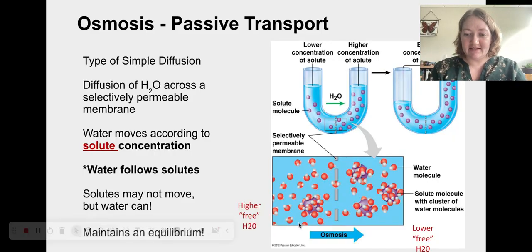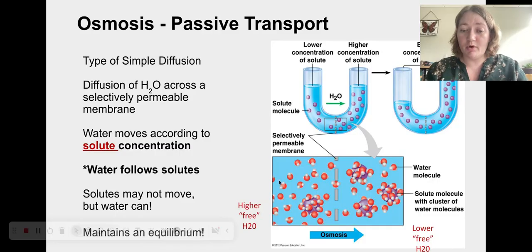And we see that down here represented in more of a molecular form. We can see the molecules of water. We can see the molecules of the solute that cannot move across the membrane. And we see on this side there are far more water molecules to solute.